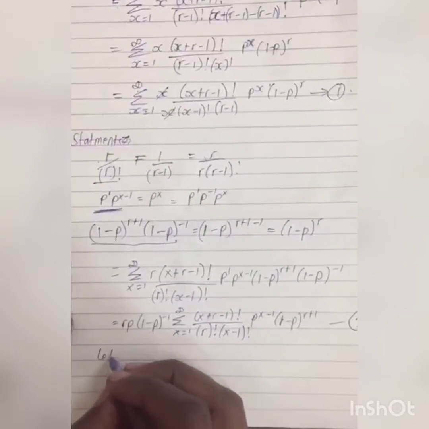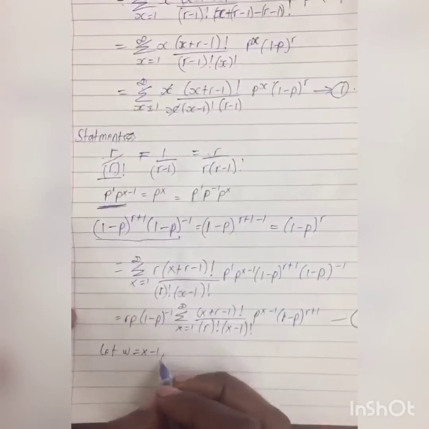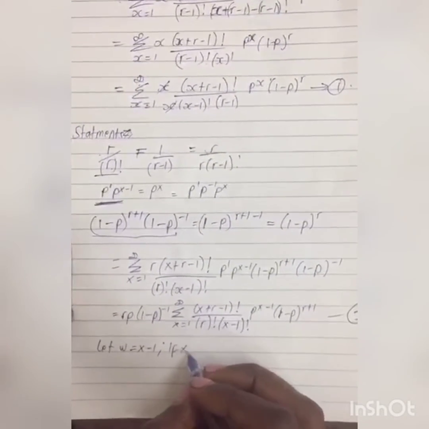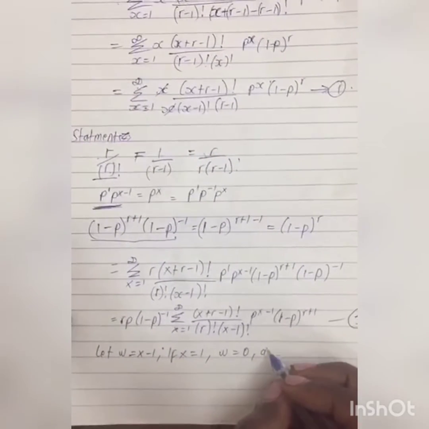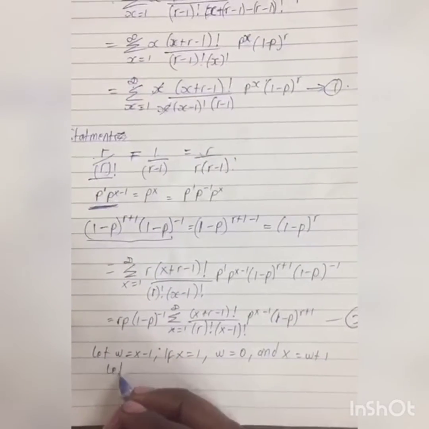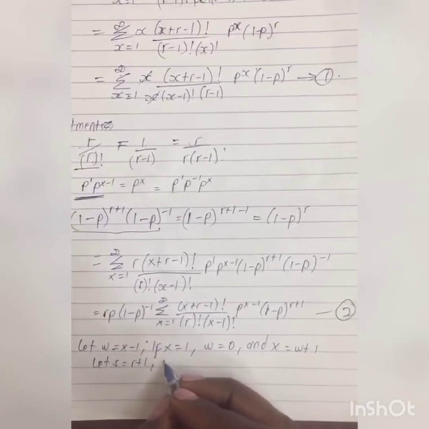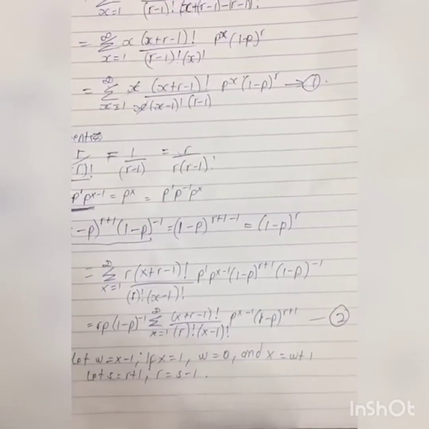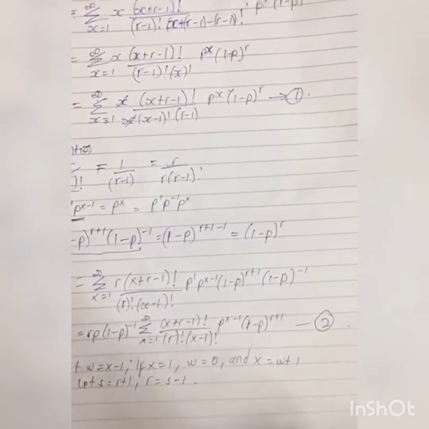So here we let w be x minus 1, and if x equals 1, of course w equals 0, and x will be equal to w plus 1. We also let s be r plus 1, so our r will be equal to s minus 1. So we substitute this r and w into our equation 2.